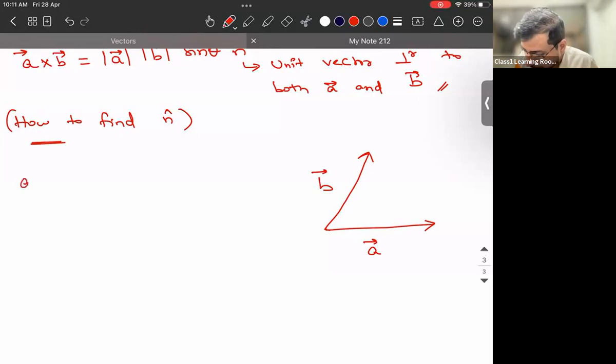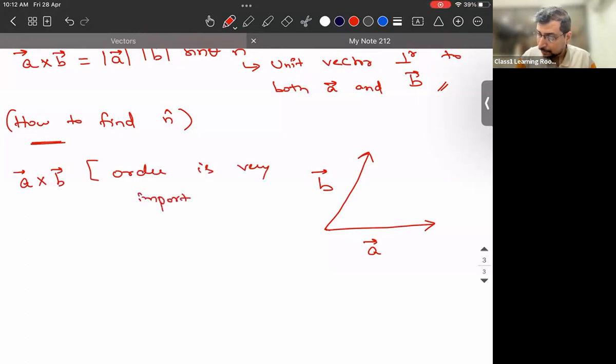Suppose I ask you to do A vector cross B vector, then the order is very important. Meaning, A vector cross B vector is not the same as B vector cross A vector.